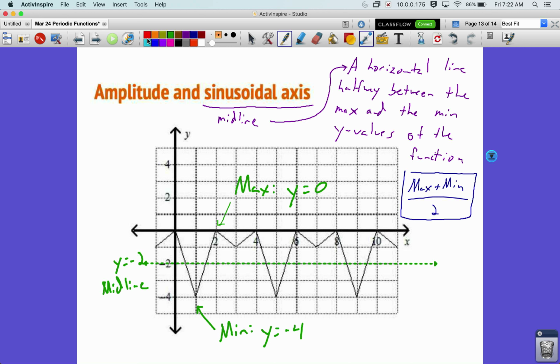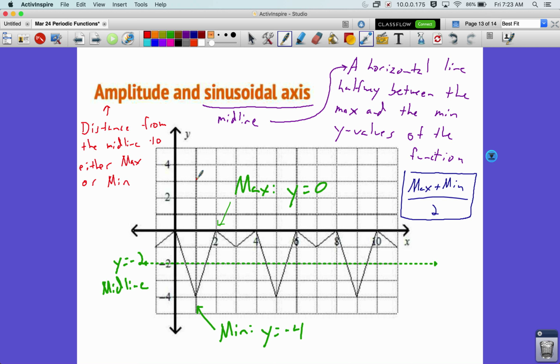All right, now amplitude. Good definition for amplitude: it's the distance from the midline to either the max or min.